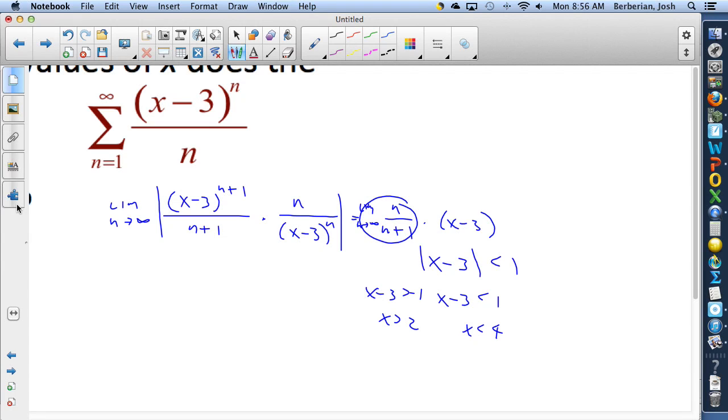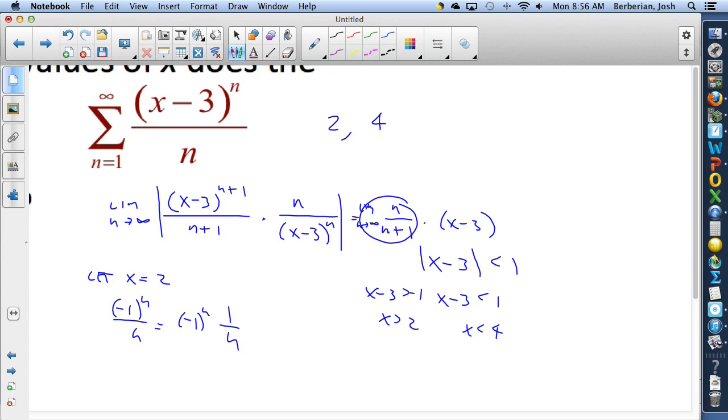So here's what I know. This converges on the interval of 2 to 4, and now I have to check what happens at 2 and at 4. When I plug 2 in for x, I get -1 to the n over n, which is the same as -1 to the n times 1 over n.